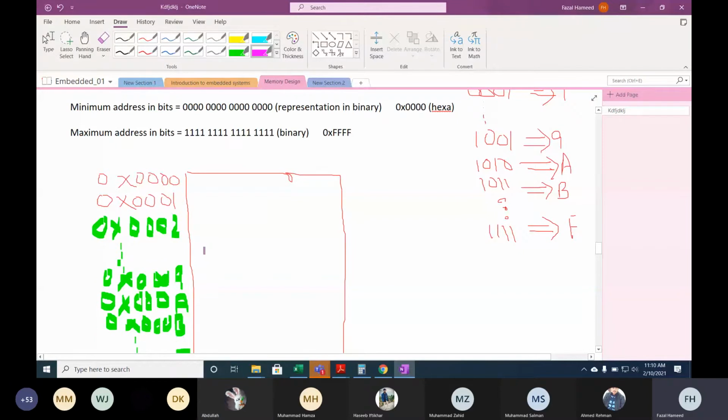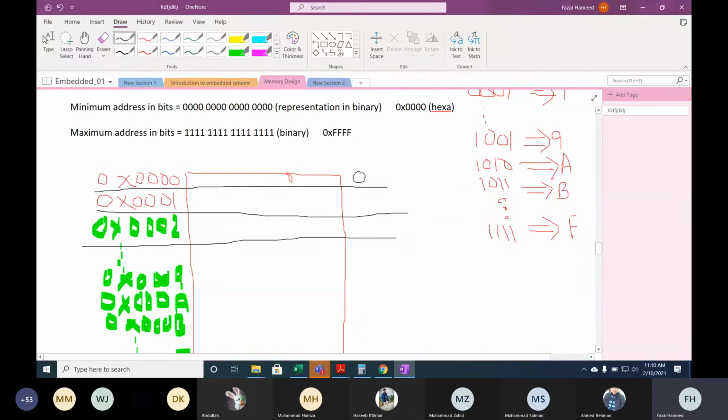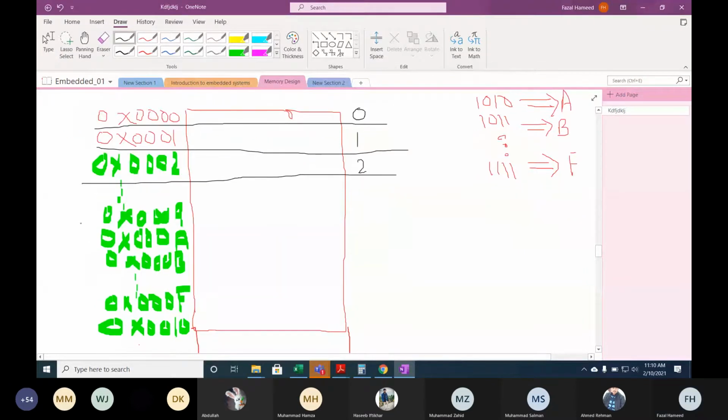Now if you do the representation in decimal, and I'm doing it on the right side, the decimal address will be 0, then 1, then 2, and then it will be 9.